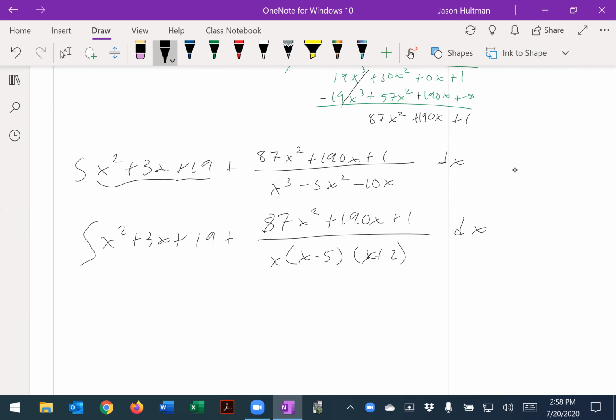Okay, so we're going to say 87x squared plus 190x plus 1 over x times (x minus 5) times (x plus 2) is equal to a over x plus b over x minus 5 plus c over x plus 2.